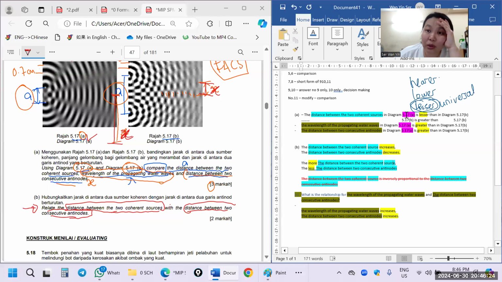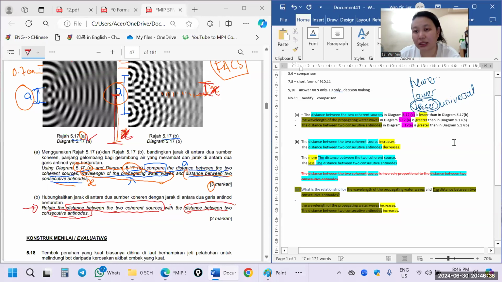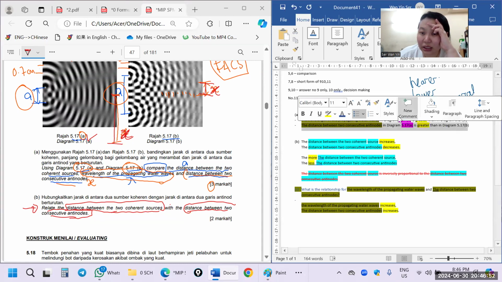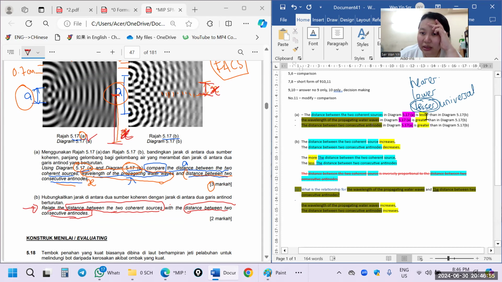That's why I want you always compare A first, then B. A first, then B. You want to compare like that, also can, no problem. Just for me, I feel confusing. But if A is lesser than B, A is greater than B. So if you compare 1 and 3, then you can see the increase, decrease.